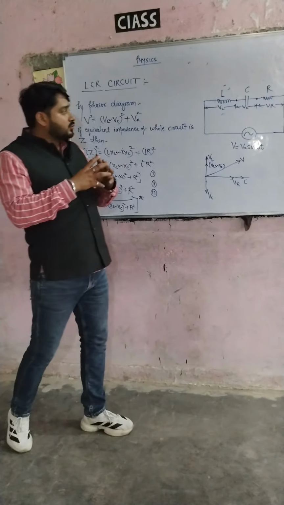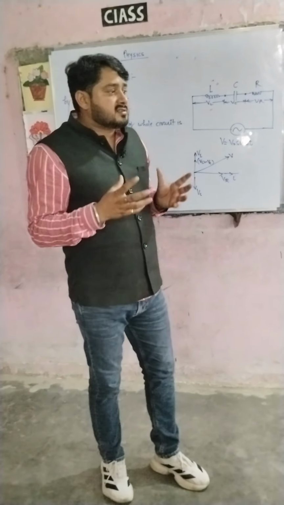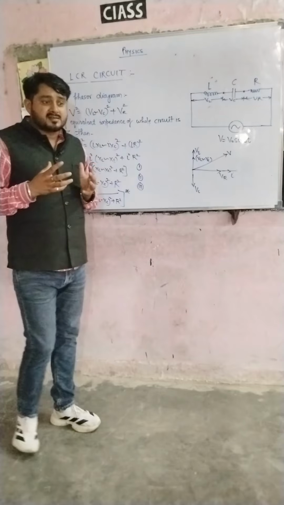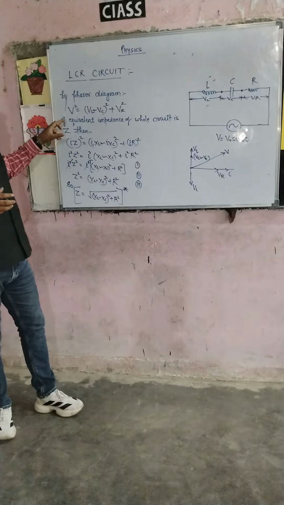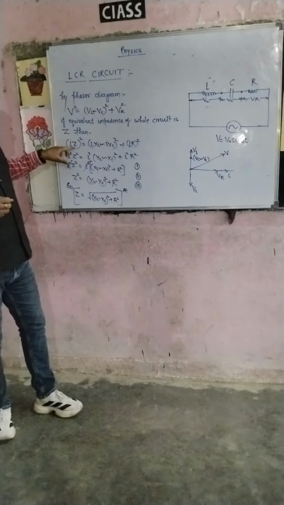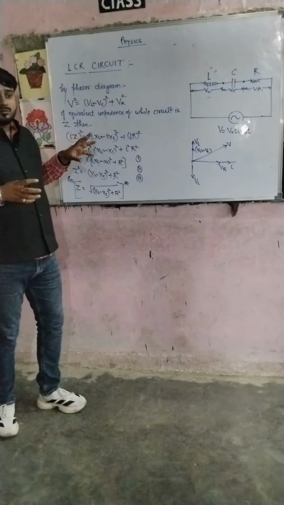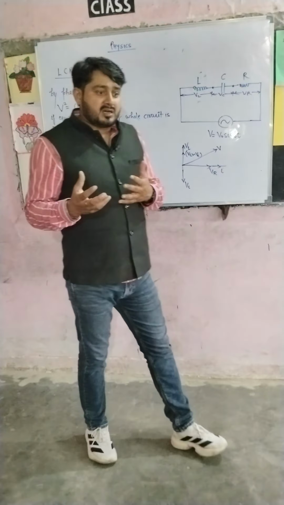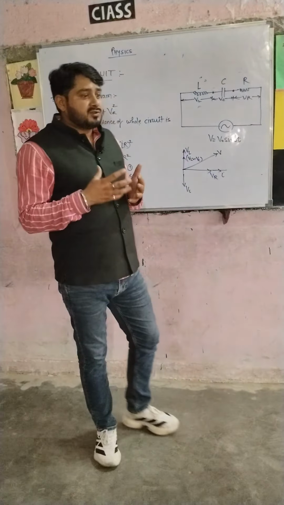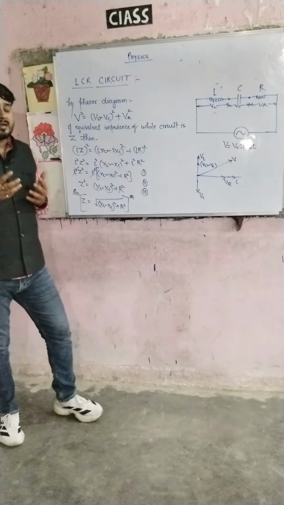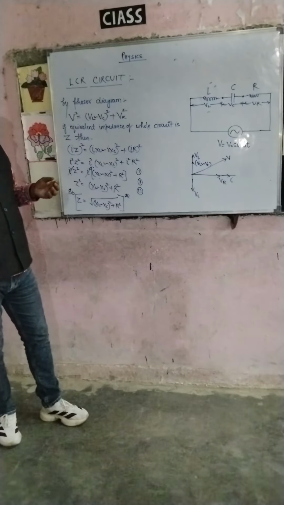But if we take the total effective resistance, which is called as the impedance, so for V it will be IZ. We know by Ohm's law V is equal to IR, where V is voltage, I is current and R is resistance.